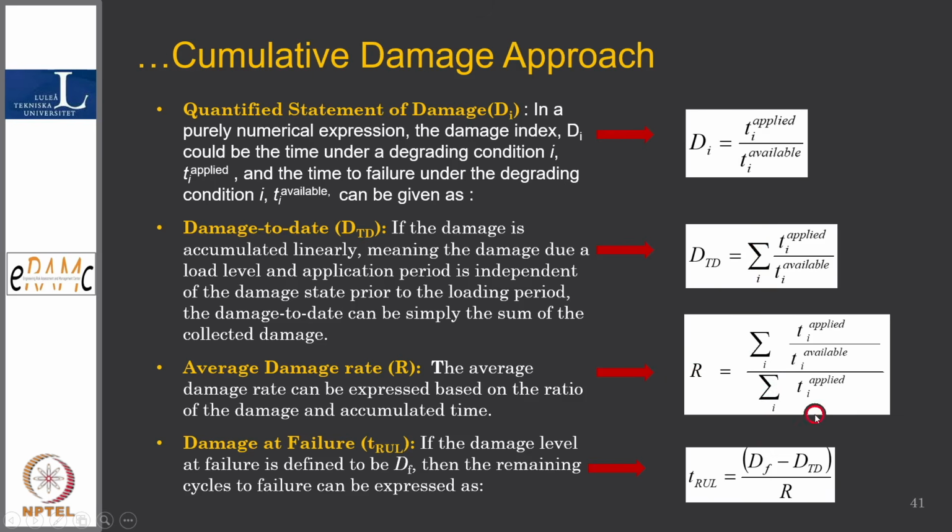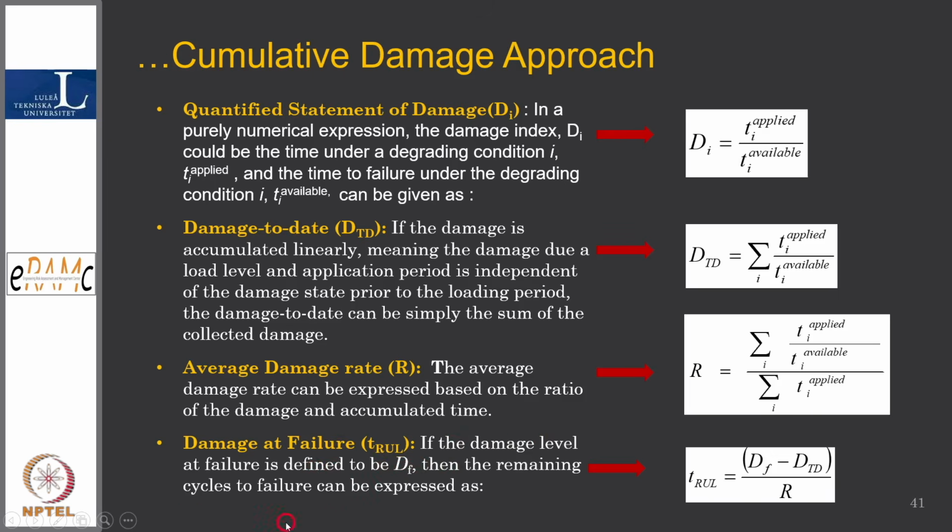We are normalizing this, and this is called the average damage rate. This particular parameter will be required for knowing how much time it will take to reach the critical stage, or how much time we have for going to the next stage. And last is damage at failure. Damage at failure means our remaining useful life, we are telling.